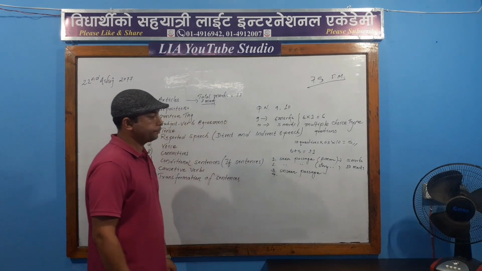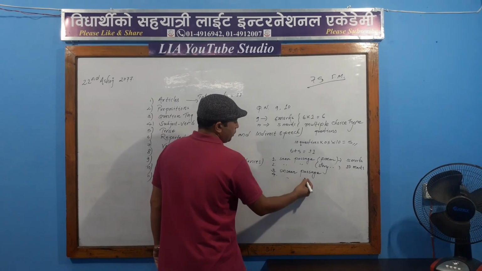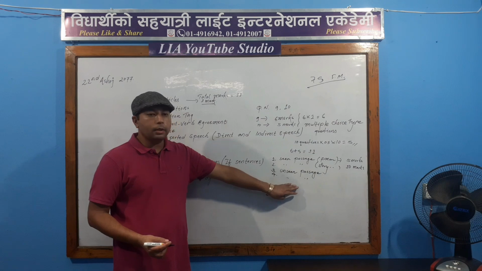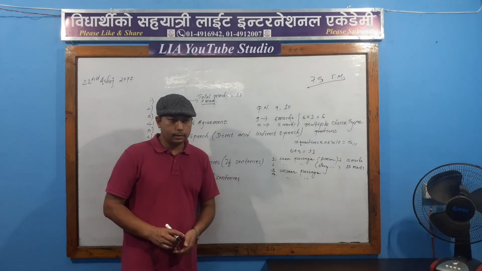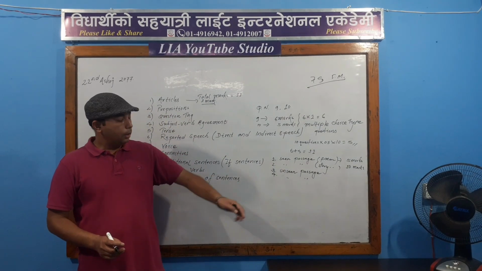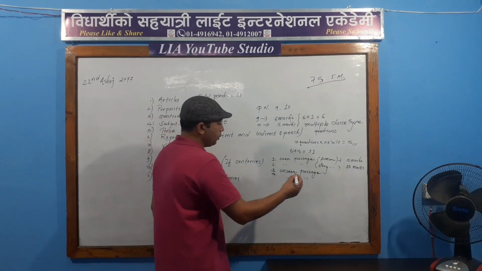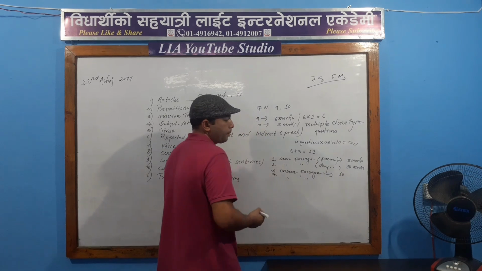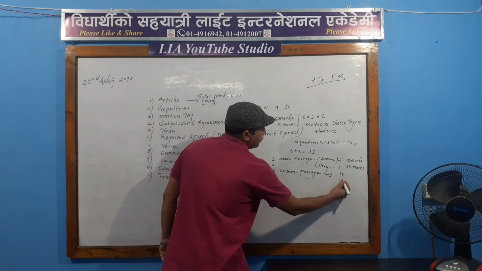So this is also from unseen passages, and the passage is generally from a newspaper, some books, articles, story, autobiography or biography. From there, a question will be asked, and question number 3 will be for 10 marks. Question number 4 for 15 marks.